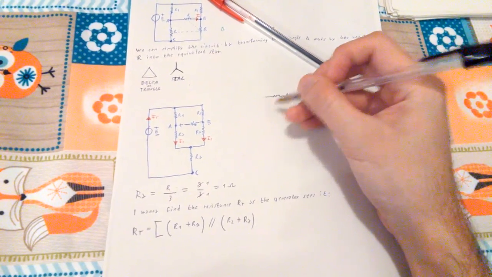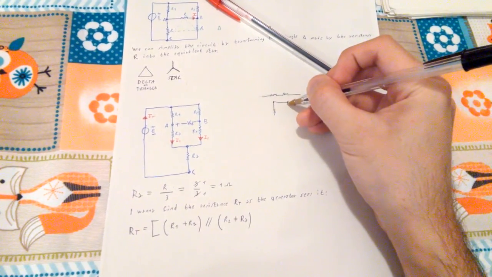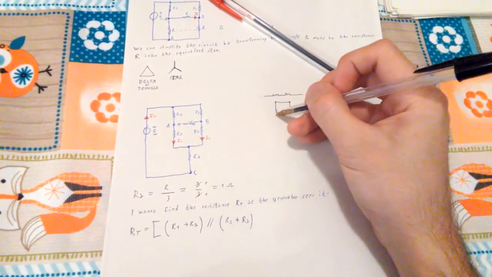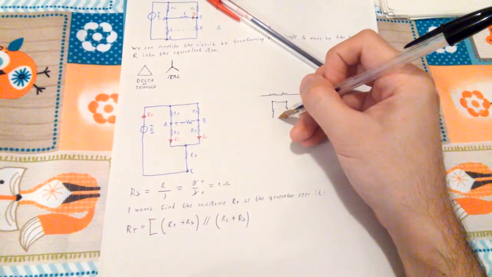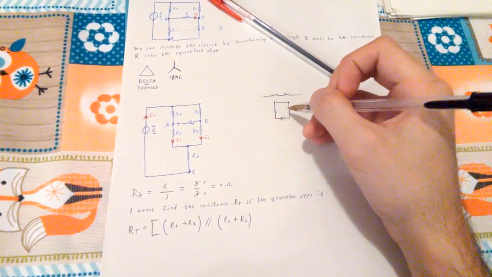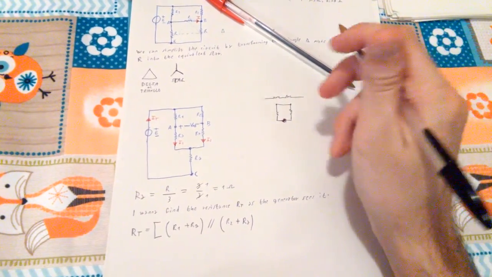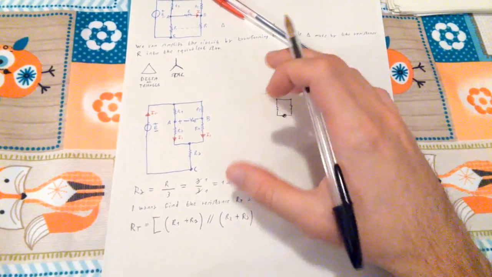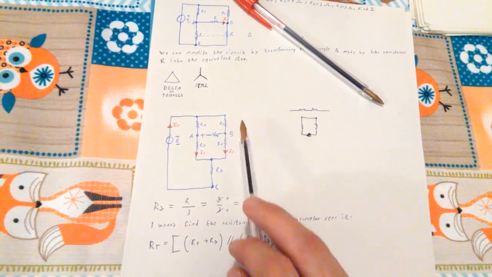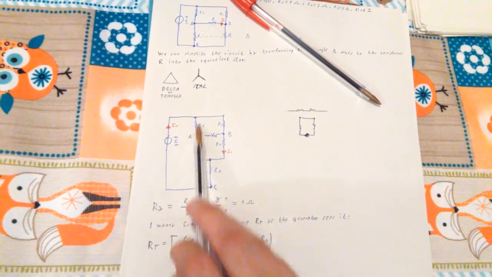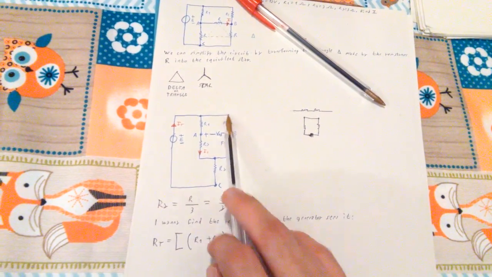If they are like this and then like this, then they're going to be in parallel, because perhaps we have something else here, like the generator, no, not the generator, but anyway, those two are going to be in parallel. It's not the best explanation of all, but I really want to be quick here. So basically, I'm going to have R2 plus RA. Those two are in series, those two are in series, and those two are in parallel with those two.